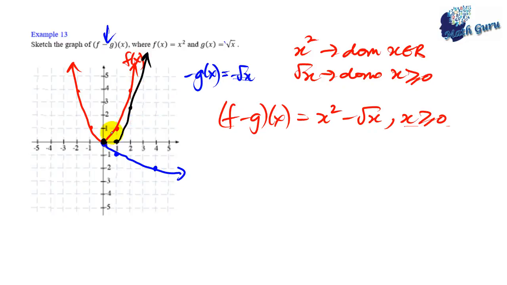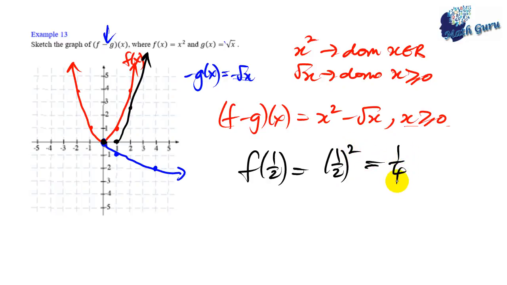Okay, in between -1 and 1, it's a bit tricky. We need to work out which graph is more powerful. So I'm going to say, let's find f of half. If I put a half into x squared, I get a half squared, which is a quarter. So when this thing is a half, the red one's going to equal a quarter.